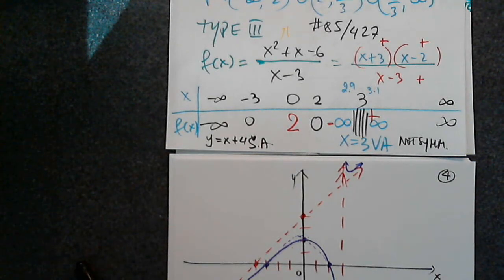As you see, it's coming from, oh, so it's not that bad. So I just have to see it more on that side. So it crosses at negative 3. It crosses at 0, 2. It crosses at 2, 0, going to negative infinity. It's coming from positive infinity and approaches or follows the slant asymptote towards infinity.